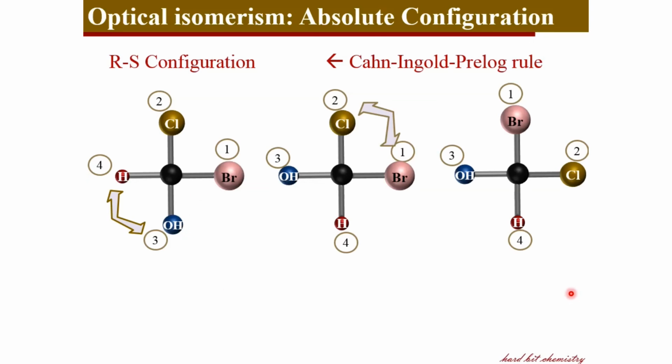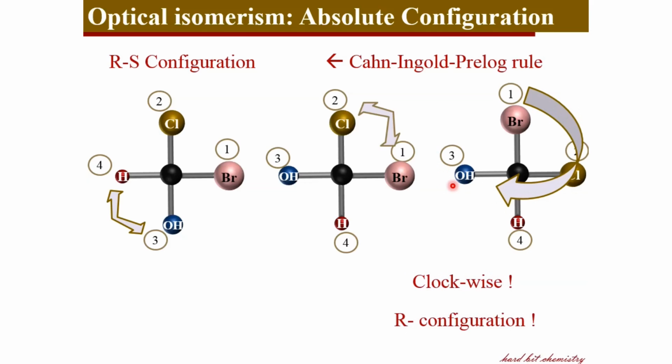Now what you need to do is look at the other substituents from the side opposite the fourth priority group, that is, hydrogen here. If you look with your eye going from the first priority to the second priority and then to the third priority like this, and if your eye moves in the clockwise direction, such a configuration is called R configuration, from the word rectus, meaning right.